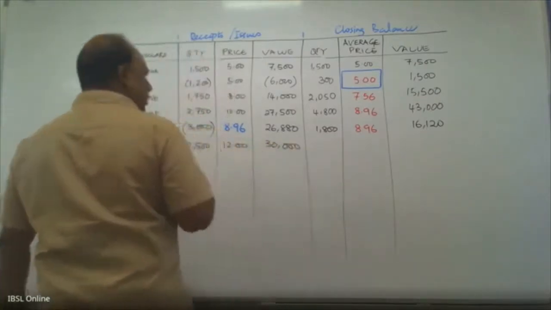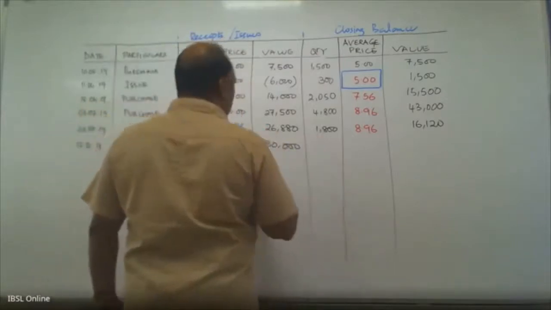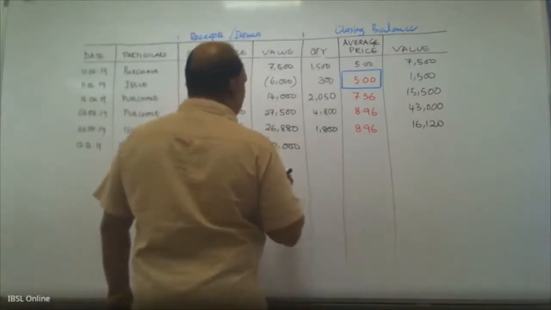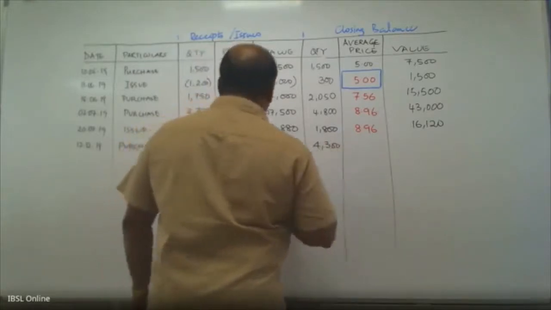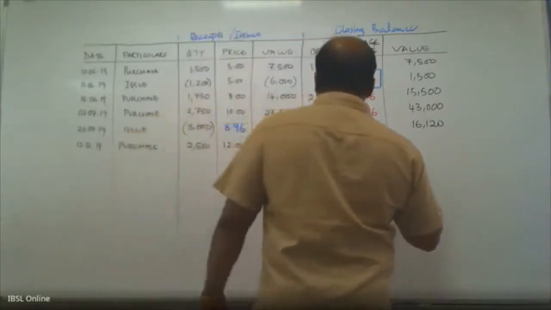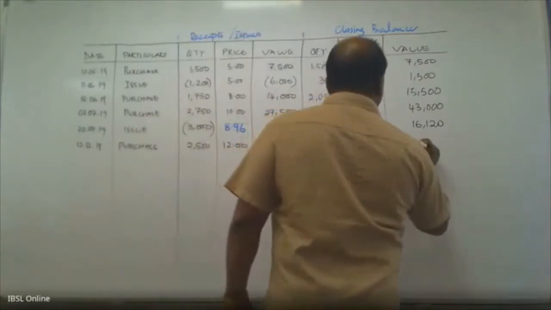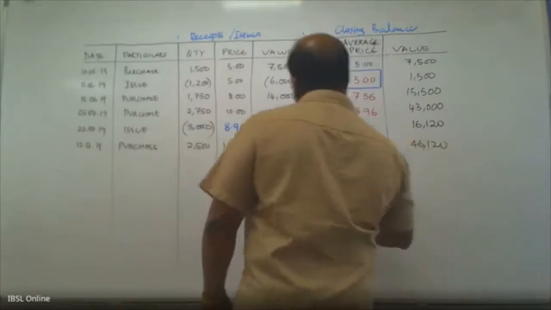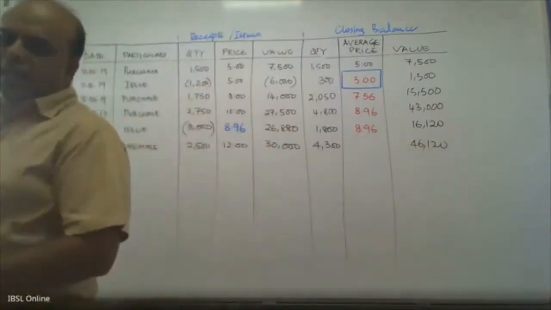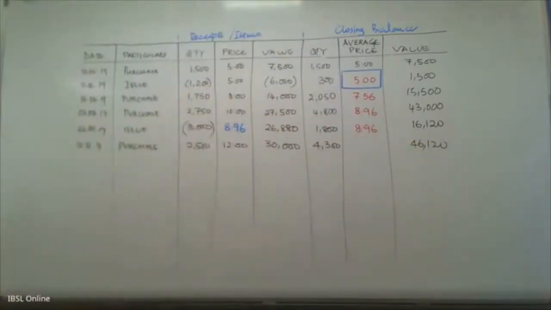So if it is 30,000, 1,800 plus 2,500 means 4,300 units. 30,000 plus 16,120 means 46,120. So now you have to again calculate the weighted average price.